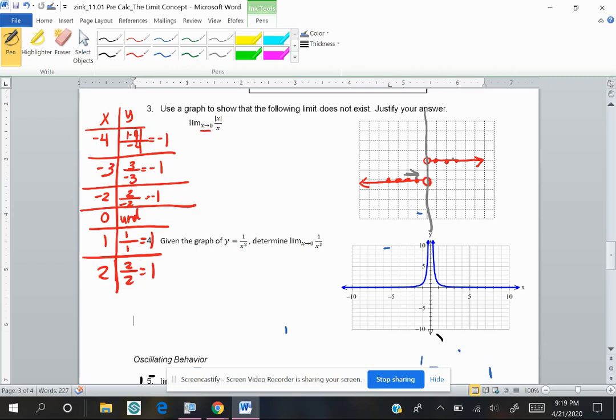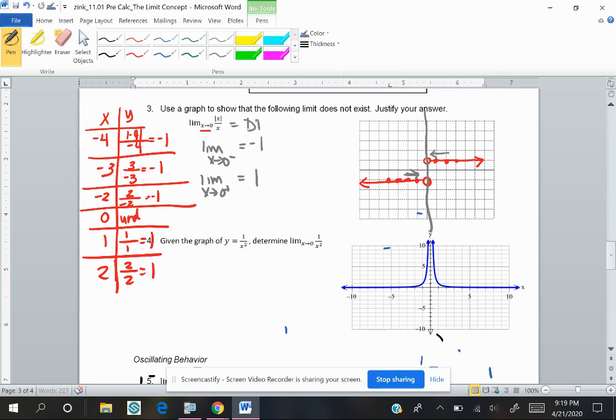And as we come from the right-hand side, the y value that we're getting closer and closer to is positive 1. So the limit as x approaches 0 from the left is negative 1. The limit as x approaches 0 from the right side is positive 1.